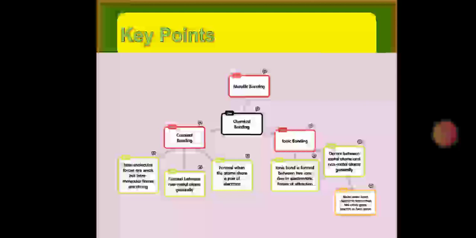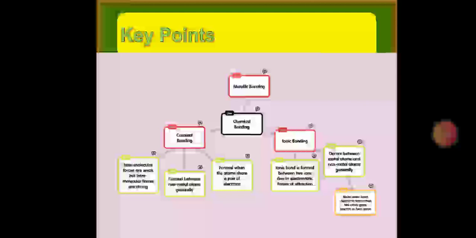Similarly, the other type of bonding is covalent bonding. We discussed covalent bonding is between non-metal and non-metal, and this is formed due to sharing of electrons, and as a result two types of covalent compounds are formed, polar covalent and non-polar covalent compounds. For polar covalent compounds, we also discussed intermolecular forces that are present, dipole-dipole interactions and hydrogen bonding.